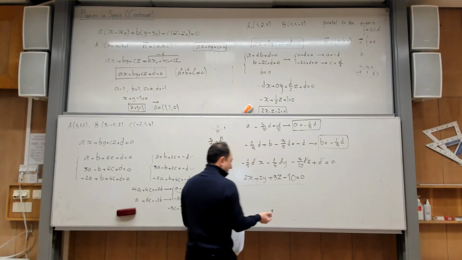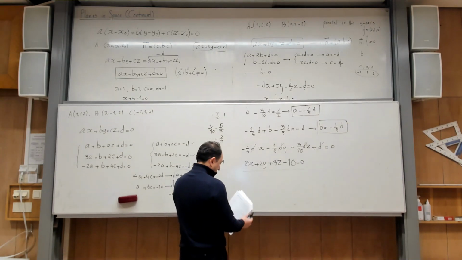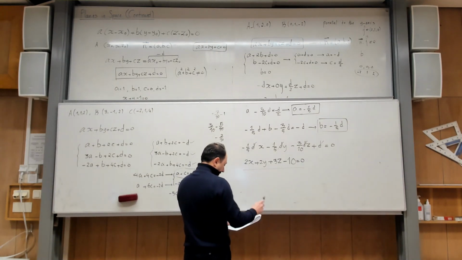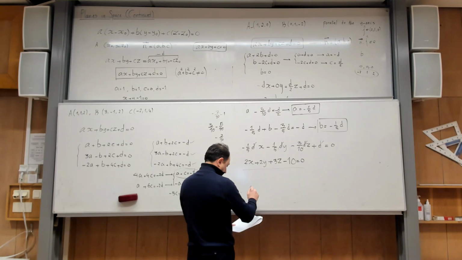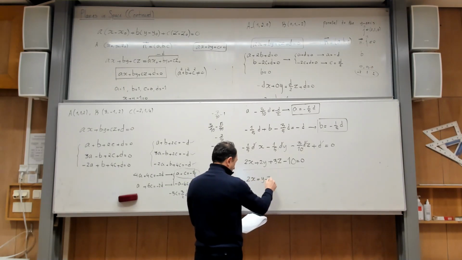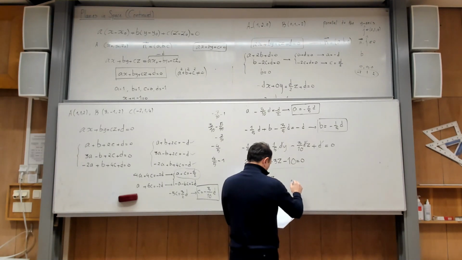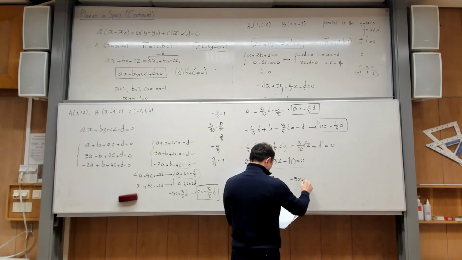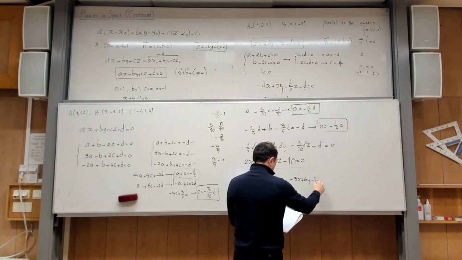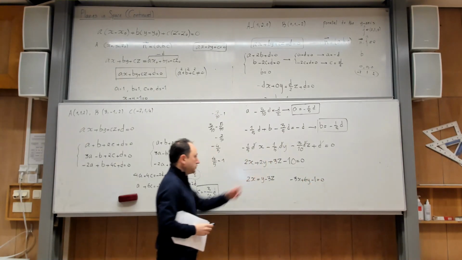This is a simple and good example. I give you this equation, 2x equals y minus 3z. And I give you another equation, minus 3x plus 6y minus 1 equals 0. I give you two equations.